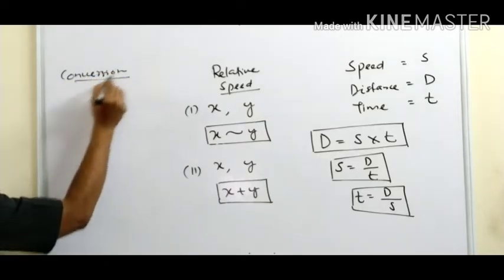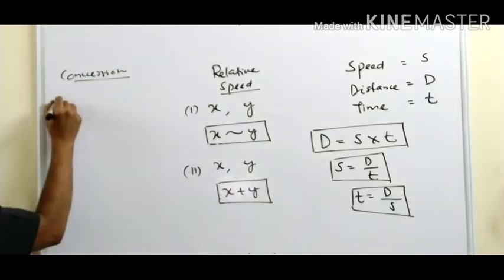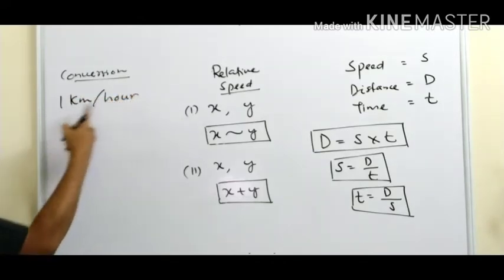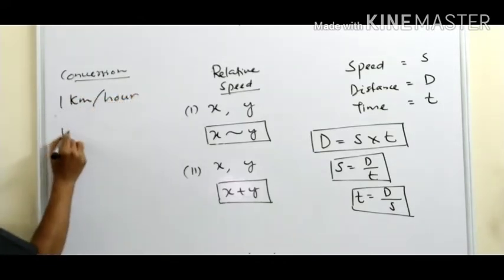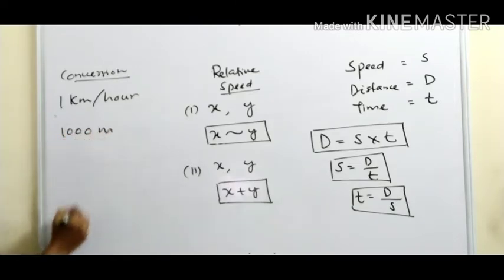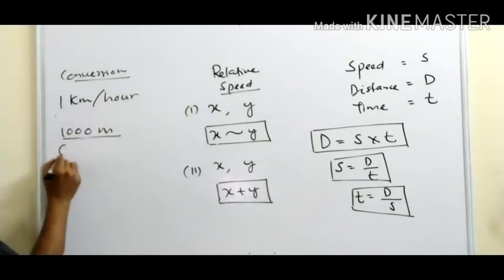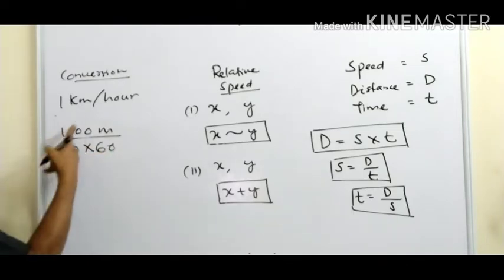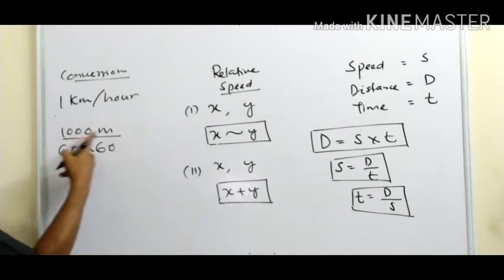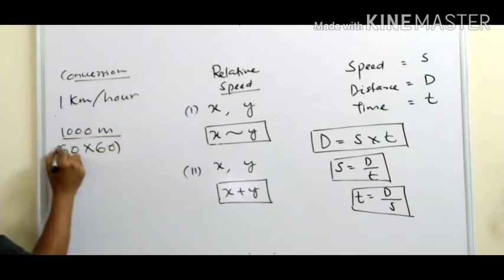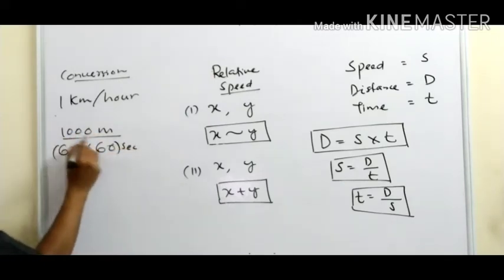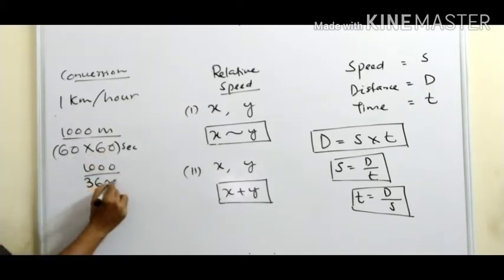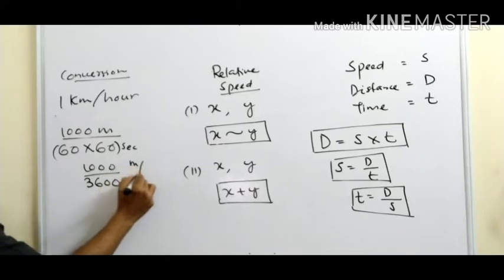So when we talk about conversion, suppose 1 kilometer per hour. 1 kilometer means 1000 meters, and 1 hour is equal to 60 minutes multiplied by 60 seconds. So 1 kilometer per hour can be written as 1000 meters by 60 into 60 seconds, that is 3600 seconds, meter per second.